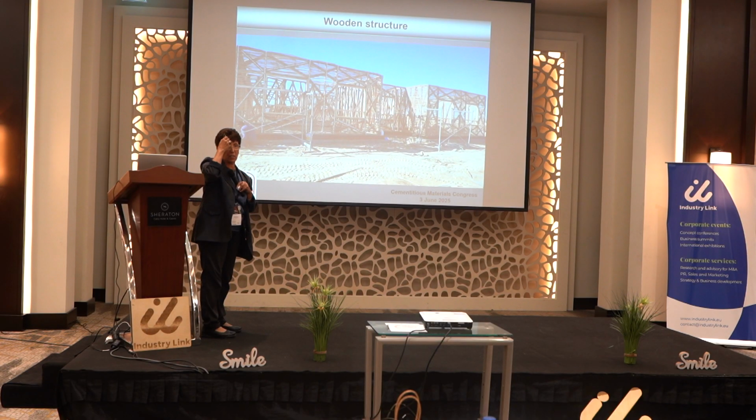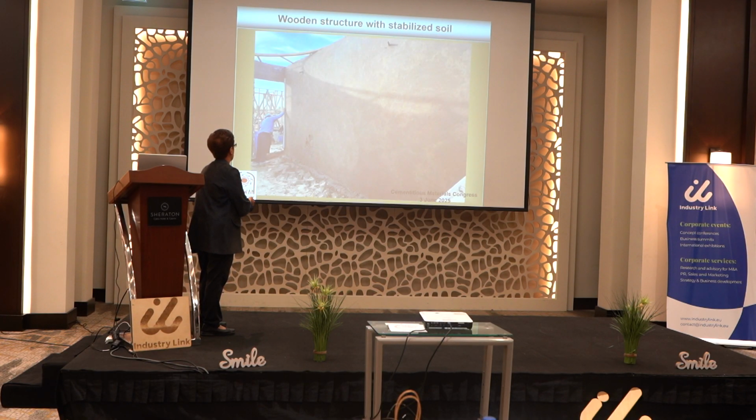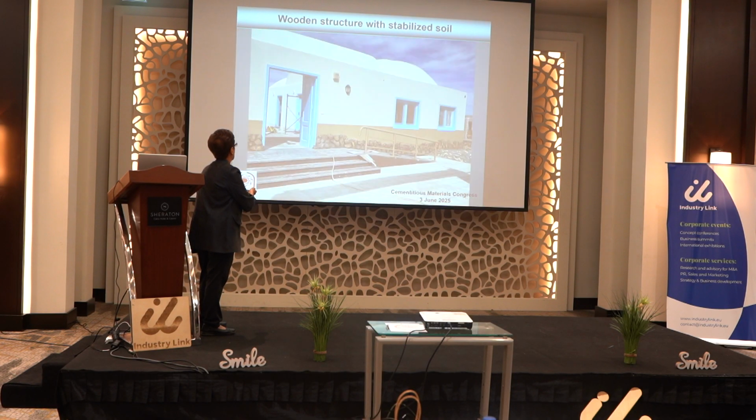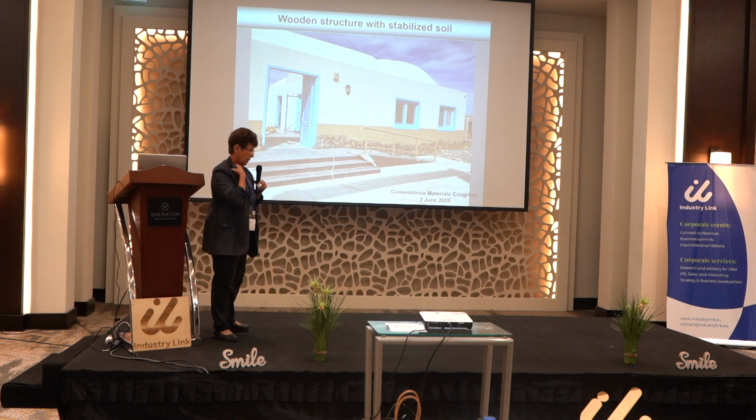And there is a very nice company working in this type of construction, and they took all the approval from HBRC, and this is stabilized soil in the construction. And this is one of the first things that we constructed in stabilized soil.